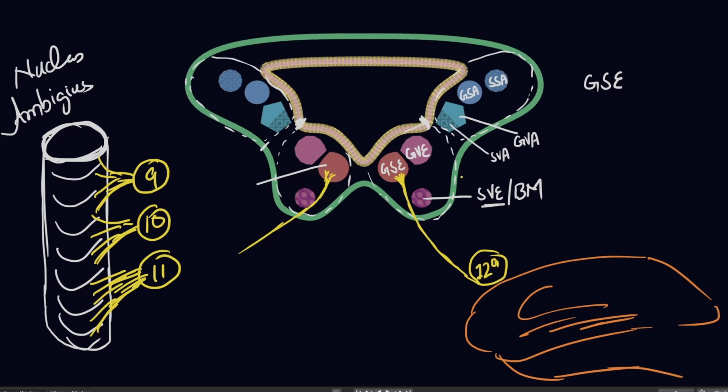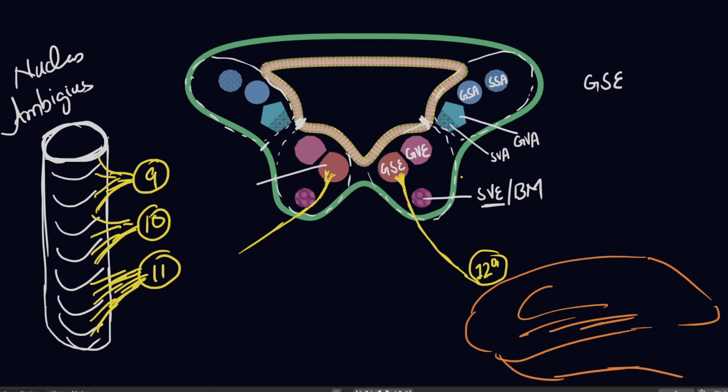They are supplied with the help of this general visceral efferent type of nucleus, which gives fibers mainly to the 10th cranial nerve, and some fibers to the 9th cranial nerve. The 10th cranial nerve is the vagus nerve.